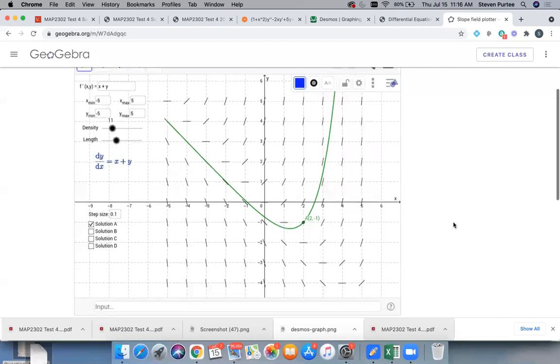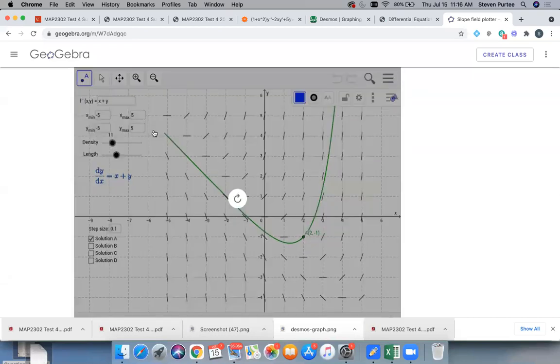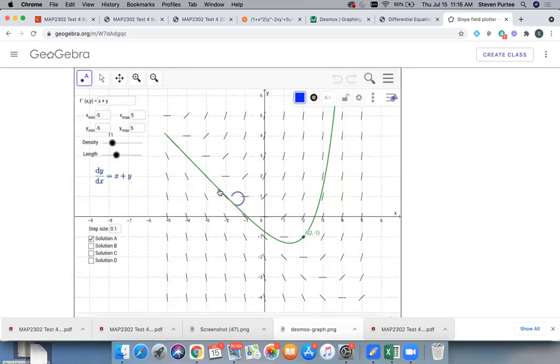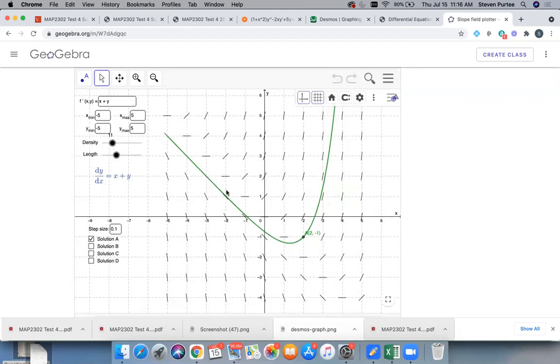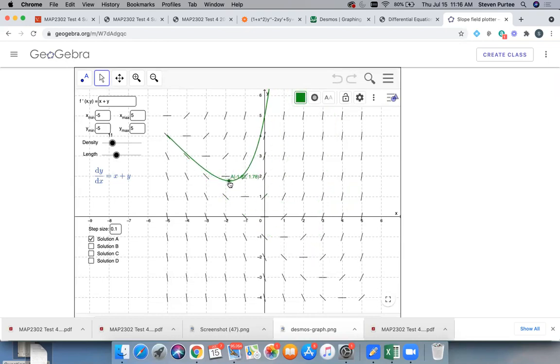And then if I wanted to find one of my solution curves, I would just pick a starting point. Say I wanted to start at the point -2, 1. And I would just follow all my little vectors and plot out a curve.